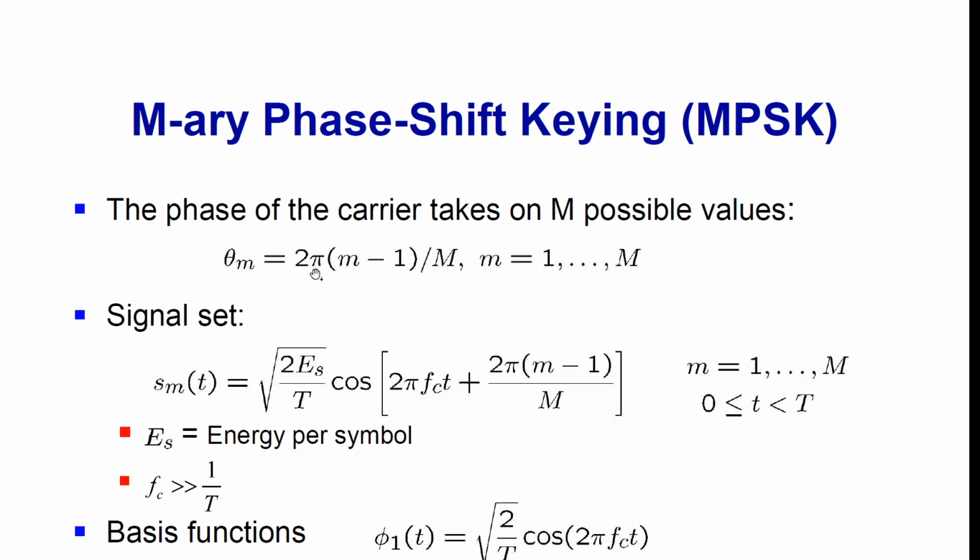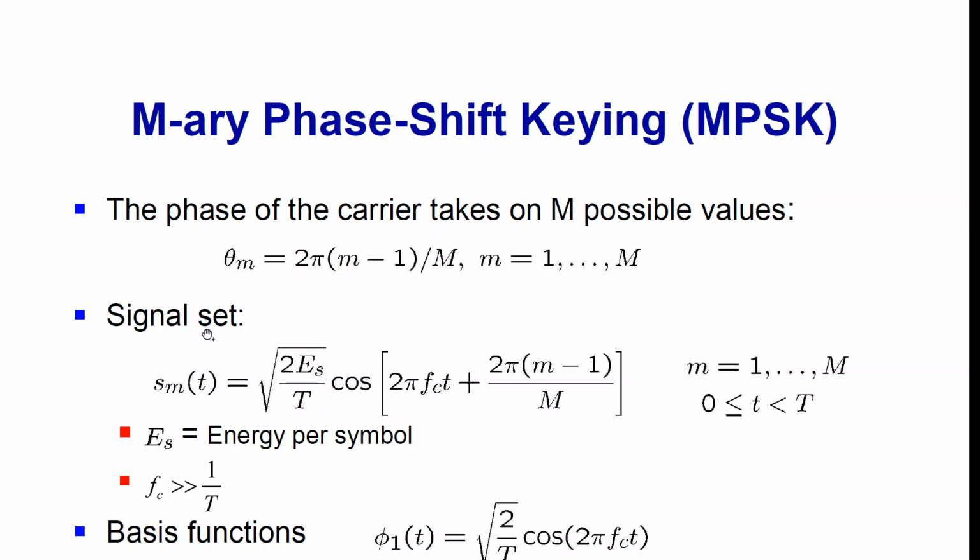This starts from 0, then 2 pi by M, 2 pi by M into 2, 4 pi by M, and it goes like that. Each phase represents a combination of n bits, where small n is the number of bits and capital M is equal to 2 raised to n.